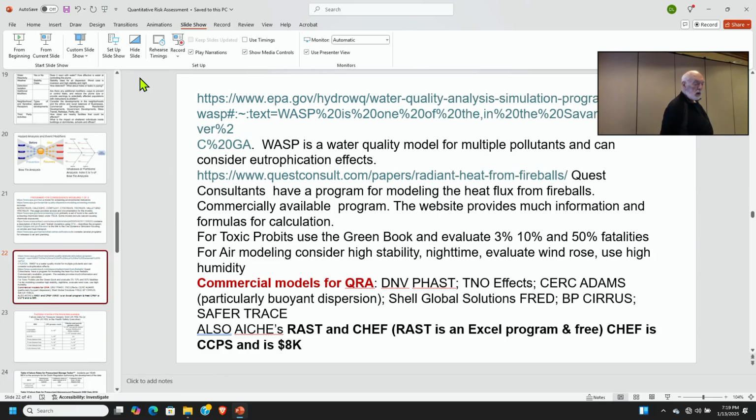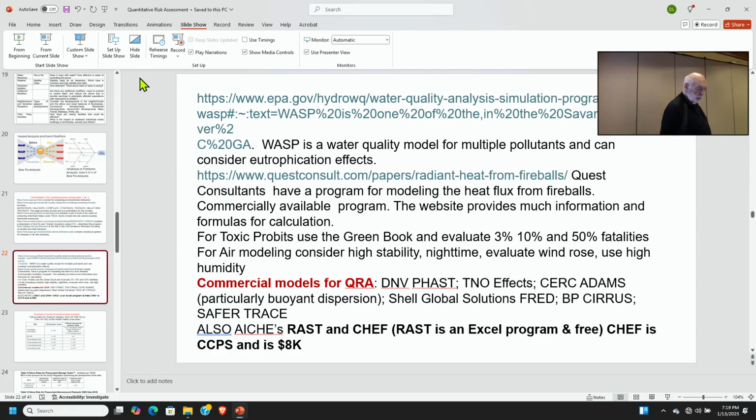Commercially available programs are available for calculation of that information. For toxic probits, and this means basically we're talking about deaths, use the Green Book to evaluate. And for Singapore, they see 3%, 10%, and 50% fatalities, and they want to know what those are and where they are.